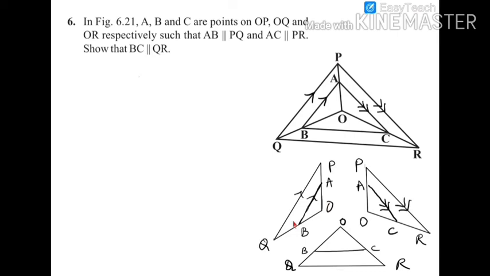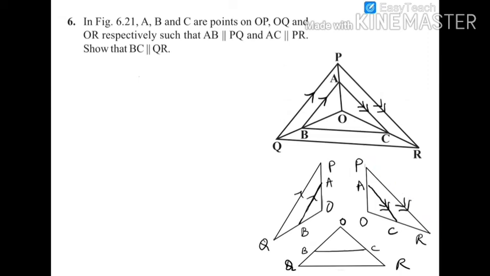In triangle POQ, it's given that AB is parallel to PQ. So it will divide OP and OQ in equal ratio. So we can write OA upon AP equal to OB upon BQ. Similarly, in triangle POR, we are given that AC is parallel to PR.